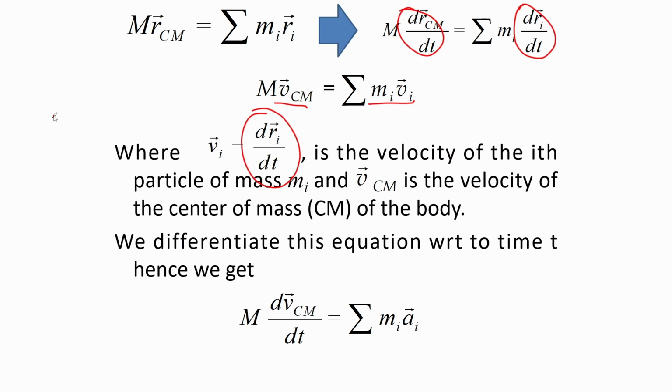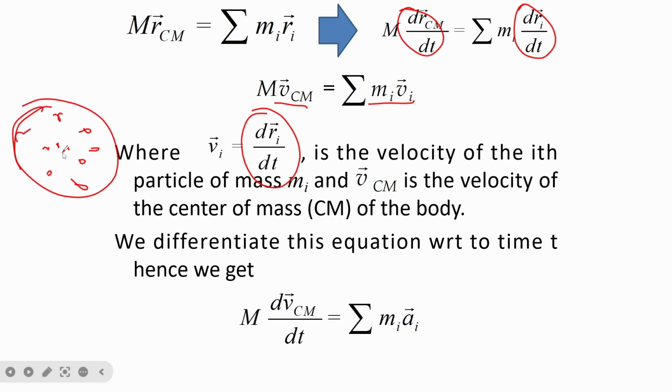If you have particles in a body, this is the position of the center of mass, and this is the representation of its velocity, VCM, the velocity of the center of mass.